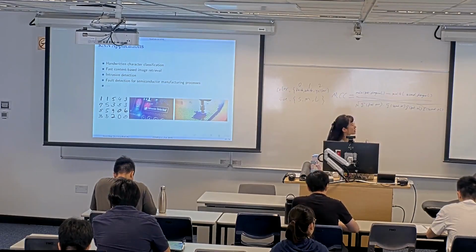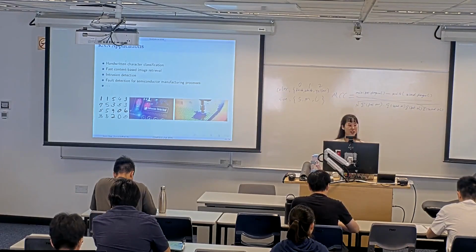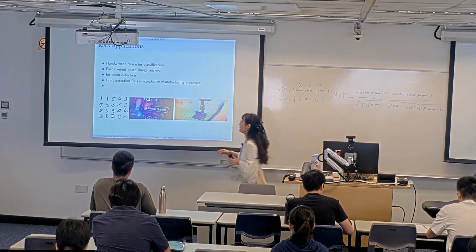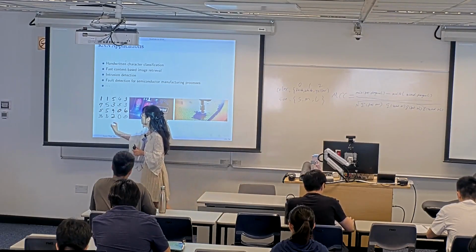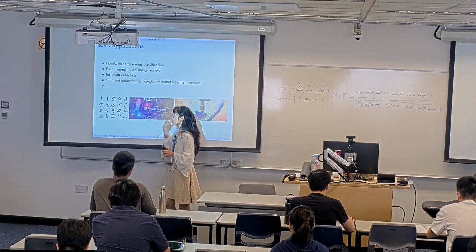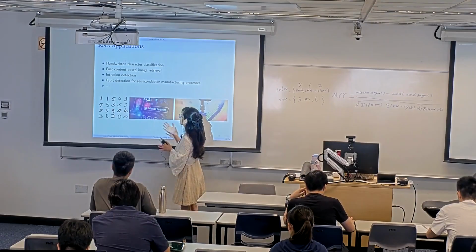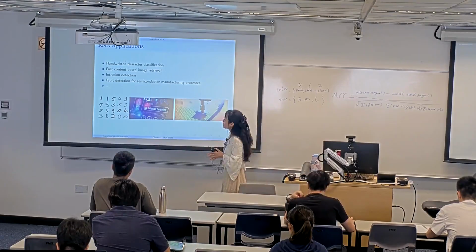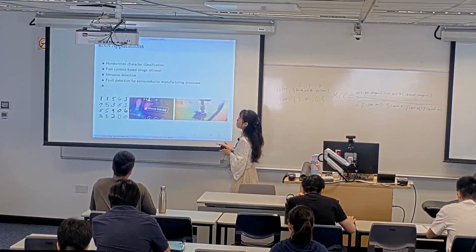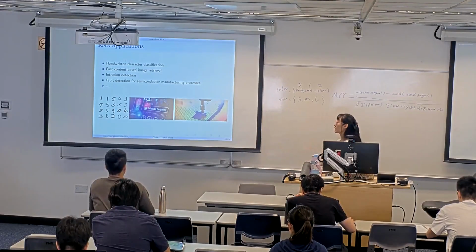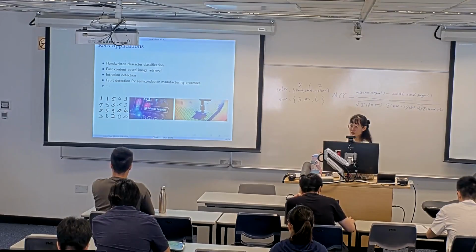And for KNN applications, since it can be used in both classification and regression, there are very good applications like handwritten character classification. For each of these handwritten characters, we use a KNN model to classify it into digits from 0 to 9. It can also be used for fast content-based image retrieval, intrusion detection, and fault detection for semiconductor manufacturing processes.